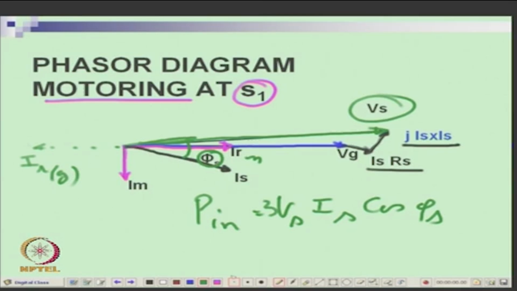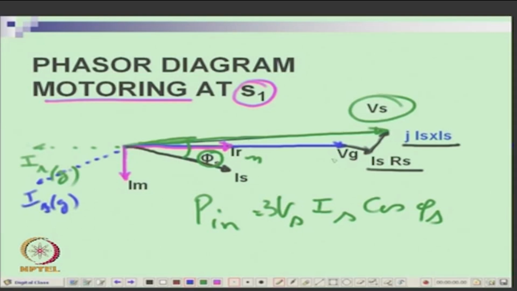So, your IS will now be at, so this may be IS generating, is it right? Okay, whatever I made, only changes. See, this was the motoring convention, I just change the slip. So, what do you find here? IS here, what will be the angle now?